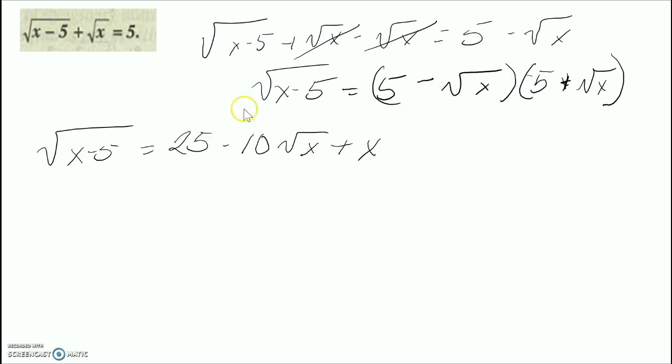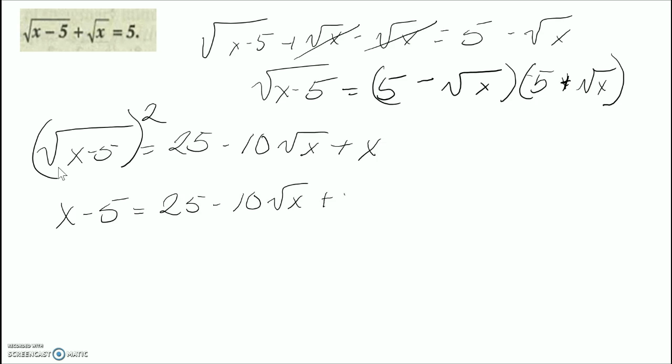And now we can square this side as well. If I square this, the square and the square root cancel each other out, leaving me with x minus 5 equals 25 minus 10 square root of x plus x. Simple enough, right? So far we're good.